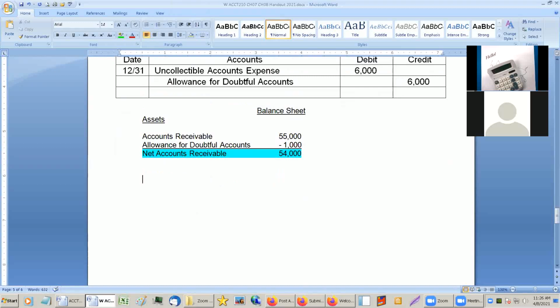So we have accounts receivable, and we have the allowance for doubtful accounts.